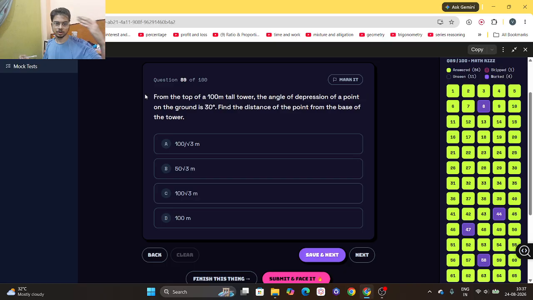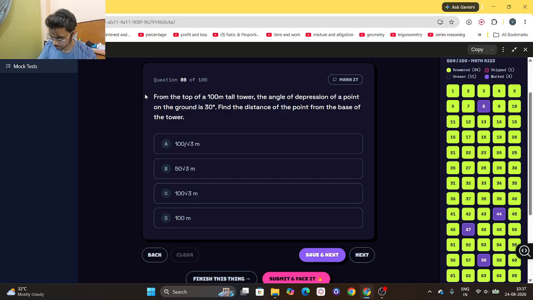From the top of a 100-meter tall tower, the angle of depression of a point on the ground is 30 degrees. Find the distance of the point from the base of the tower. The angle of depression is 30 degrees, so this will also be 30 degrees.